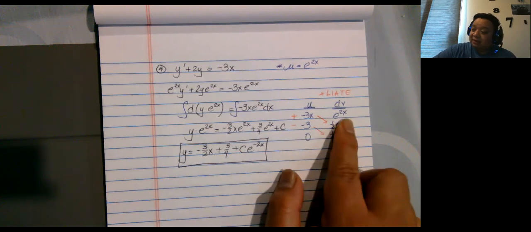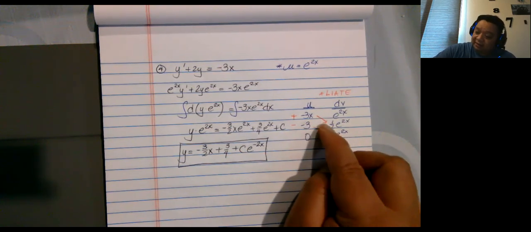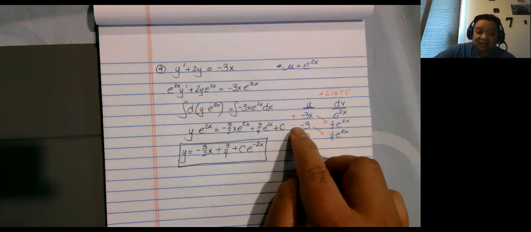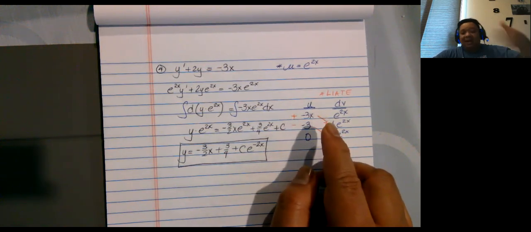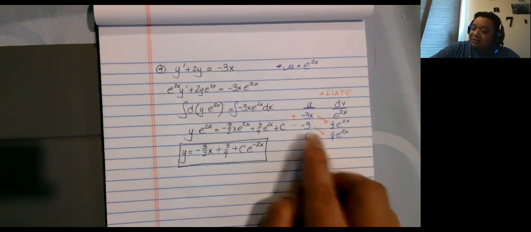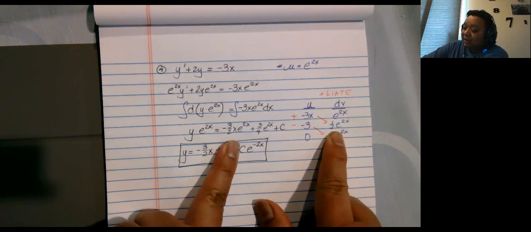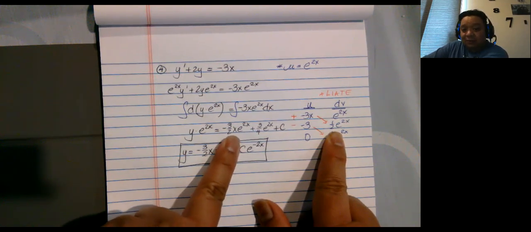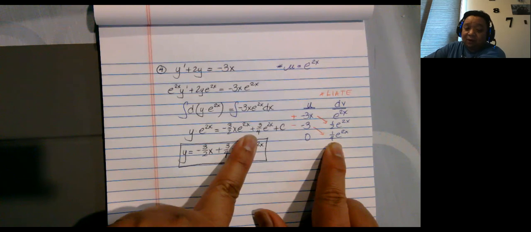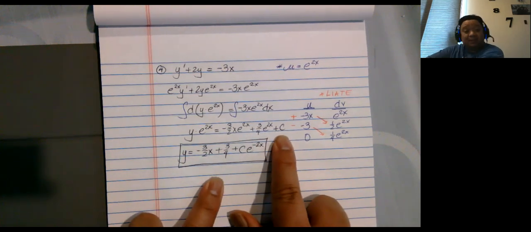And then once I have all my derivatives and integrals on there, the diagonals are going to give me my terms and then alternating signs because of the minus in the integration by parts. And so you'll have plus and minus. And so it's going to be 3x times 1/2 e to the 2x, which is this one. And then negative is positive 3 times 1/4 e to the 2x. And so those are your terms plus c.